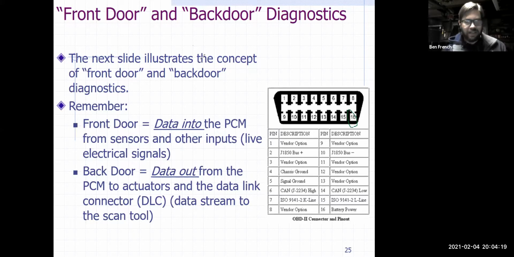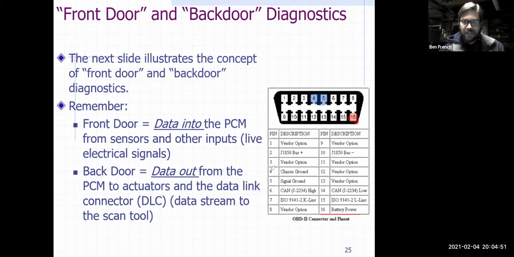Once you've tried a different scan tool and you're still not communicating, some knowledge of this connector is important. And what I want to point out for you guys tonight is that on pin 16 here, I have battery power. So I need to have battery power right there going to the scan tool. And then I need to have ground on pins 4 and 5.